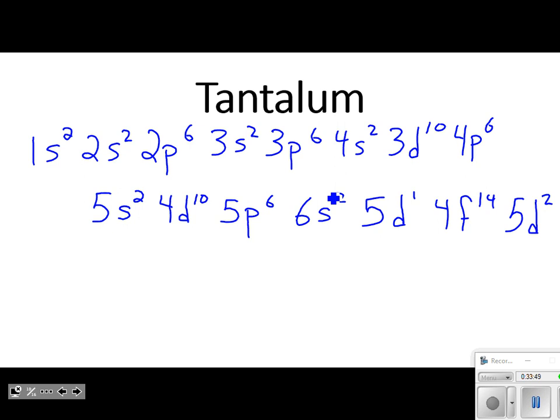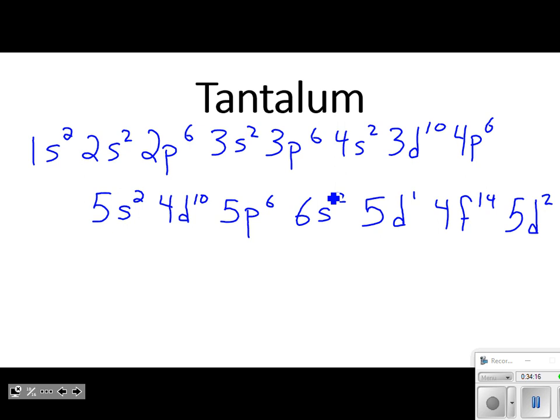So how many total do I have on the 5D? 1, 2, 3. Is it the third one over in the D block? Yes. Now, if you add up all of the little exponents, what should the number be? 73. All right? It should be 73.